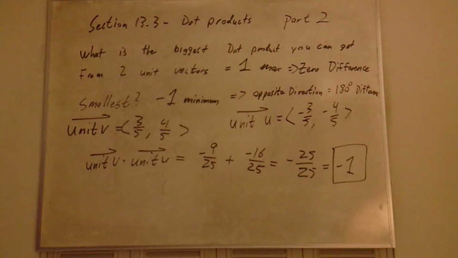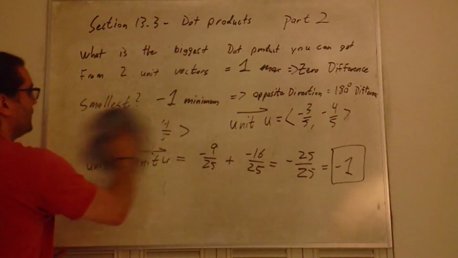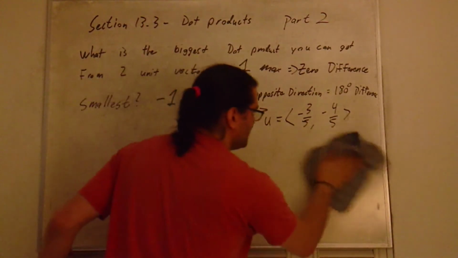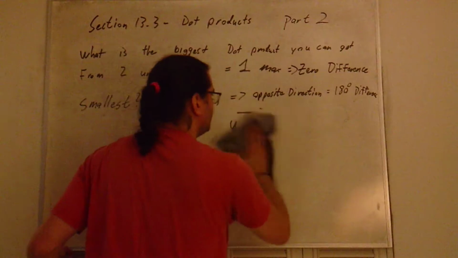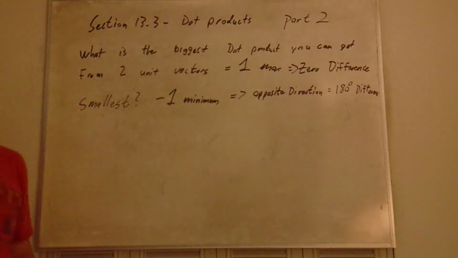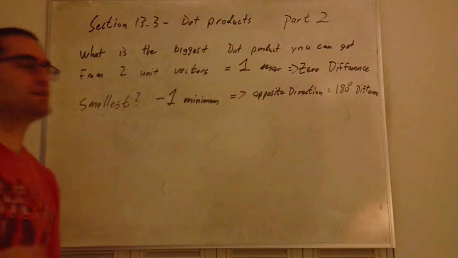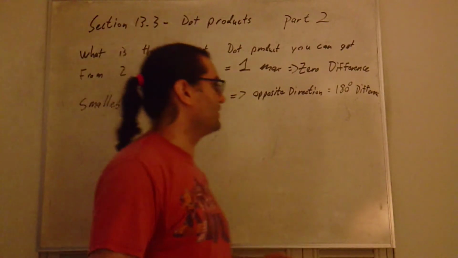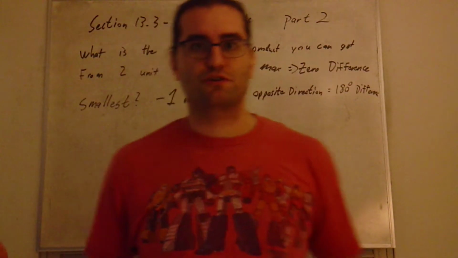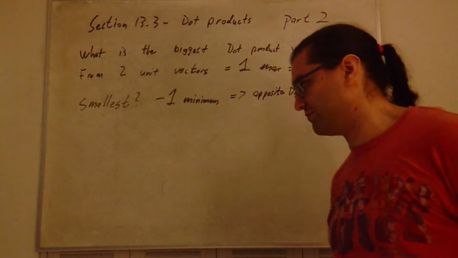So we have the maximum possible output from two unit vectors being 1, representing 0 degrees of difference, and we have the minimum possible dot product of two unit vectors being negative 1, which corresponds to a 180-degree difference.